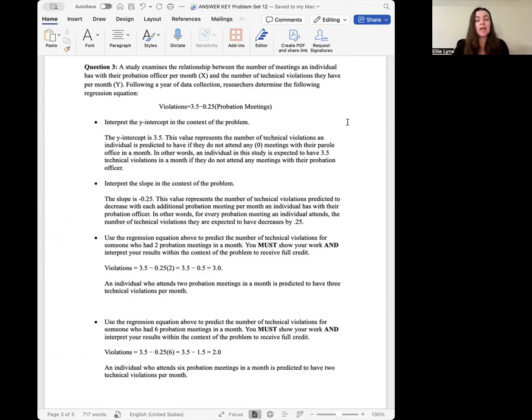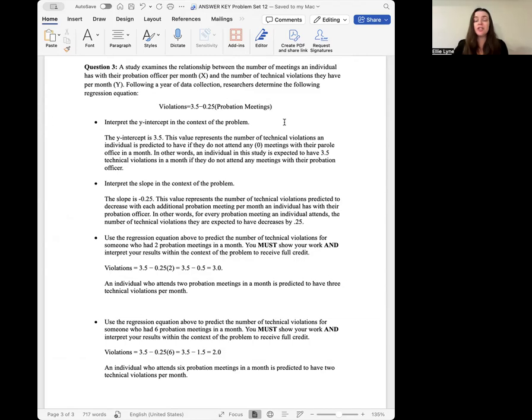So keep in mind that the base formula for a regression equation in this case would be y equals, and then we have our y-intercept here minus our slope times our independent variable or x here. So I filled this in just with the context of the problem here for us to visualize it a little bit easier. I think that'll help us plug it in here below. And so our bullet point here for our first one is asking us to interpret the y-intercept in the context of the problem.